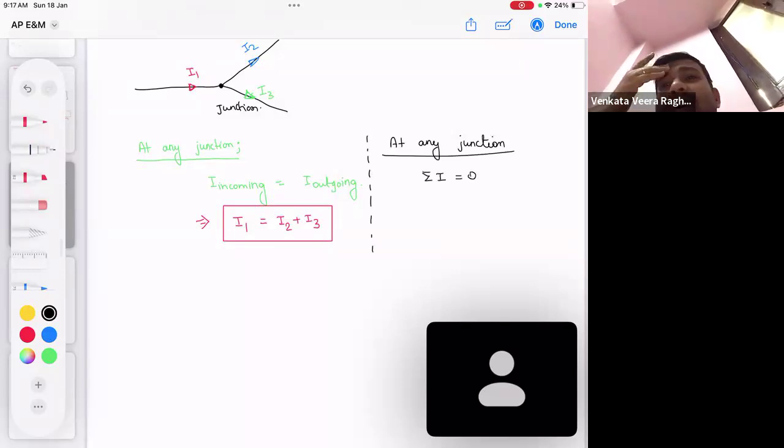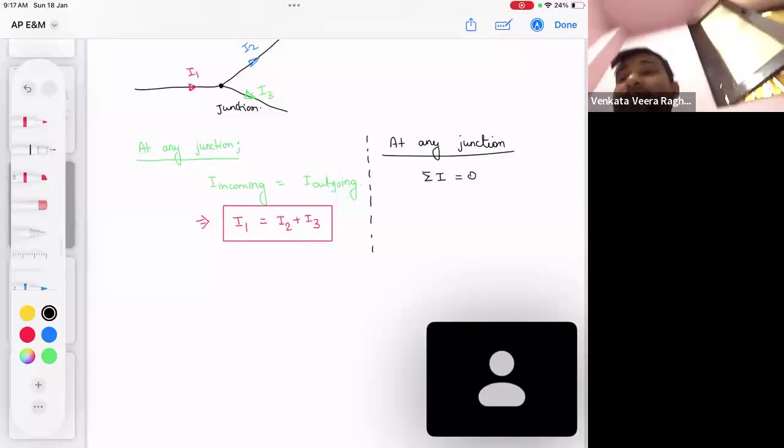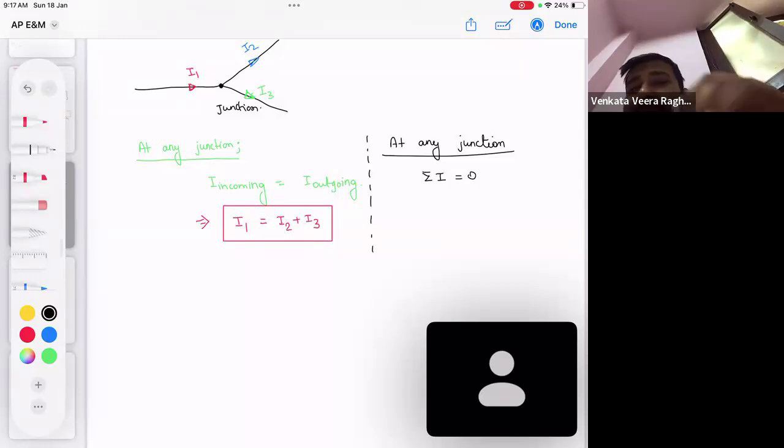Are these two different laws? No, it is the same law, but these two things are written in two different formats.